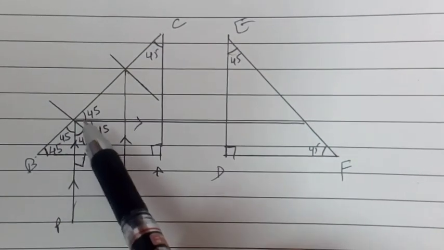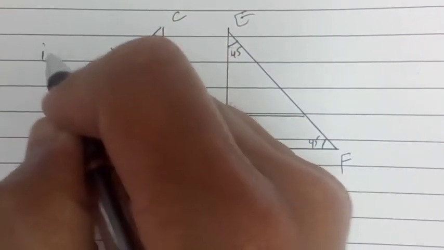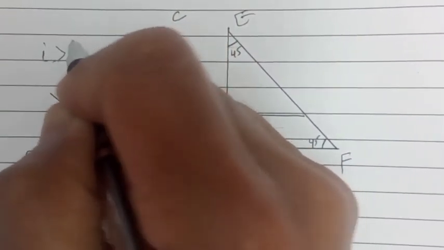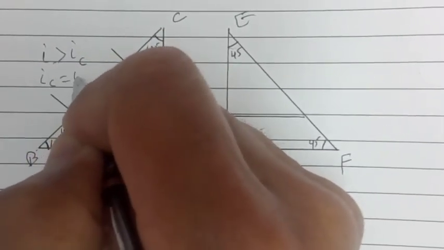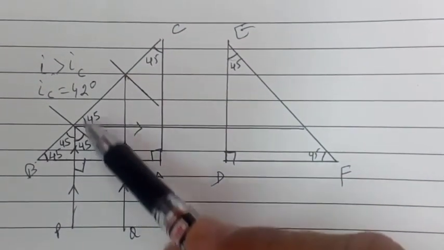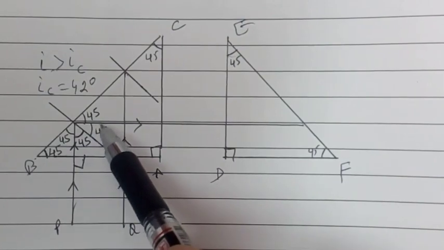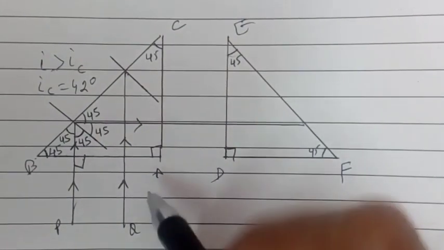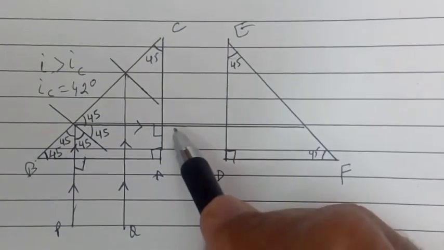Now here the angle of incidence is 45. Now the angle of incidence is more than the critical angle. Why? Because the critical angle is equal to 42 degrees. 45 is more than 42. The ray gets reflected inside. It goes straight from here, reaches here. At side AC, it goes straight out.